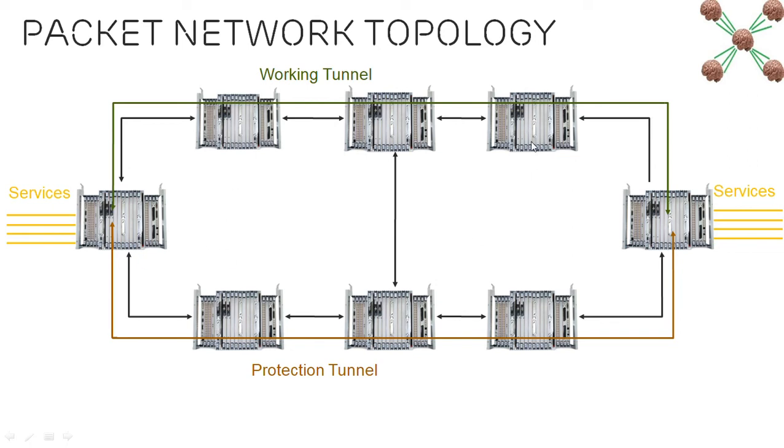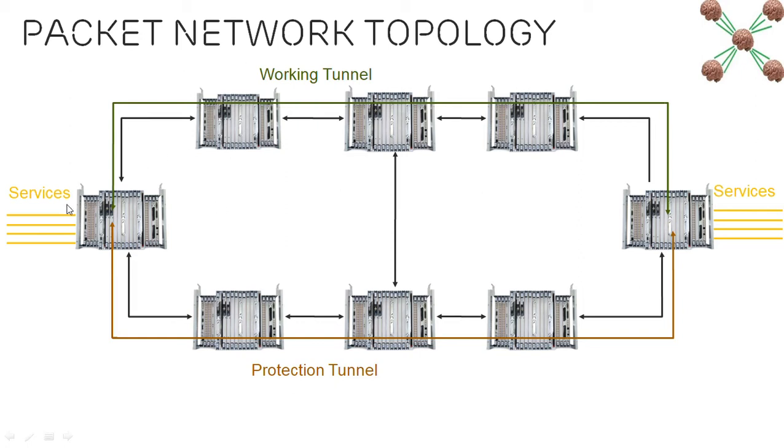However, if this is part of a big network and you have different kinds of tunnels going through these different boxes, then maybe you don't find enough capacity for the protection. So if your working tunnel is using 10 gigabit per second, maybe your protection has only 5 gigabit per second. So if there is any failure here, then all of your services will not be switched because you have a disparity between the working and the protection.